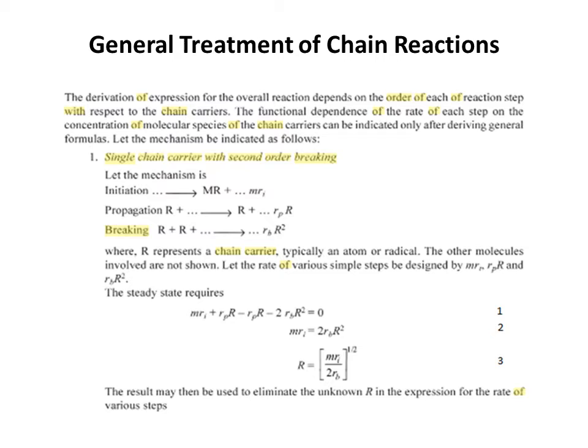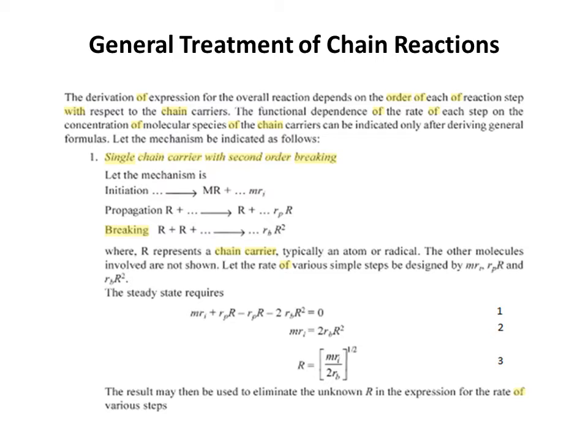Let the rates of the various simple steps be designated by the initiation rate, the propagation rate, and the termination rate k_B R square. Now these steps are combined at the steady state.